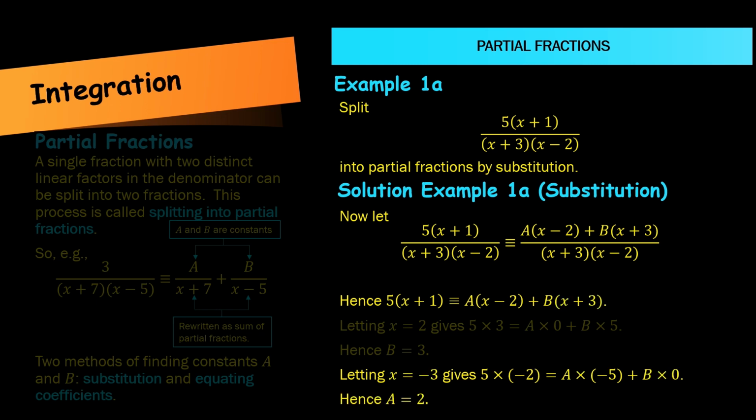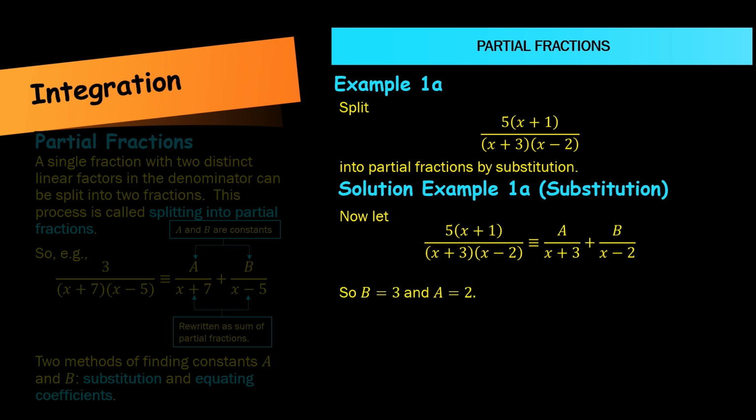And so tidying up gives us that a equals 2. So we've found the values of a and b. And we can express our fraction as 2 over (x plus 3) plus 3 over (x minus 2).